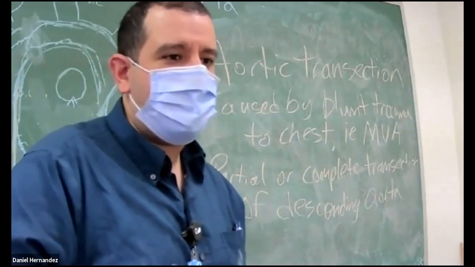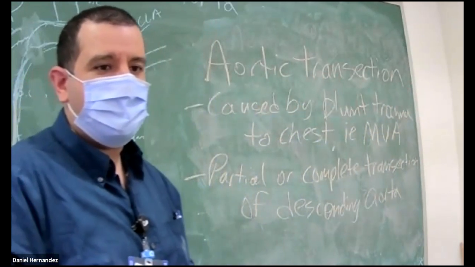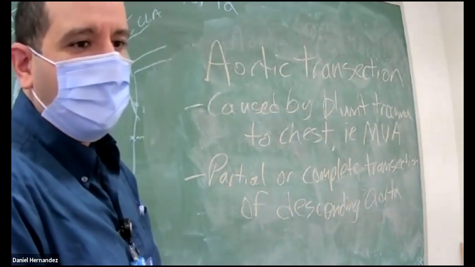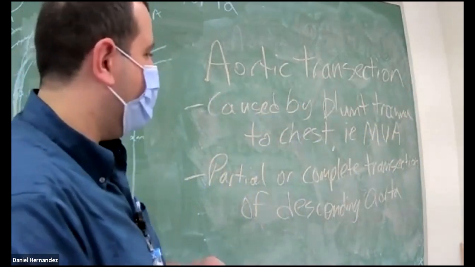So a complete transection is a nearly instantaneous fatal event. Partial transection may allow for survival.